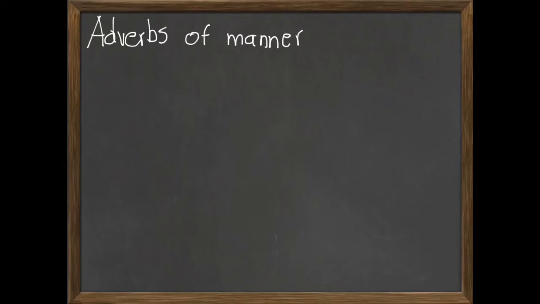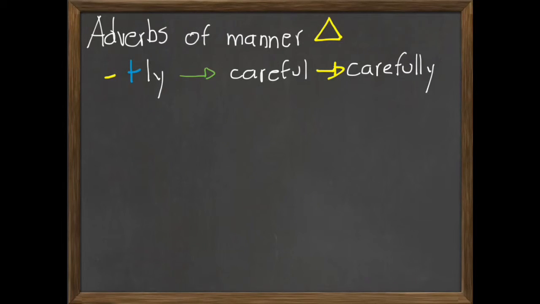Now let's look at adverbs of manner. Well, adverbs of manner describe how something happens. Let's look at some rules. For example, most adverbs of manner are formed by adding ly to the adjective. For example, careful will turn into carefully.